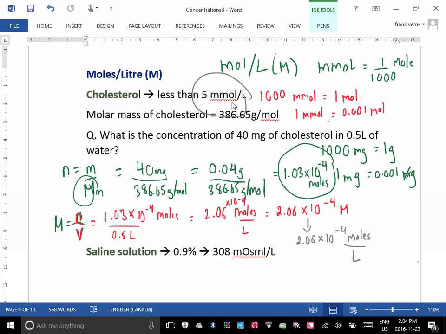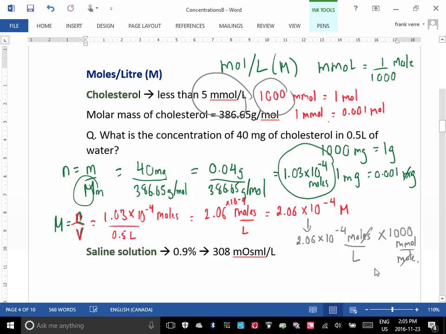So 1 mole is equal to 1,000 millimoles. So we've got to multiply it by 1,000 millimoles per mole.